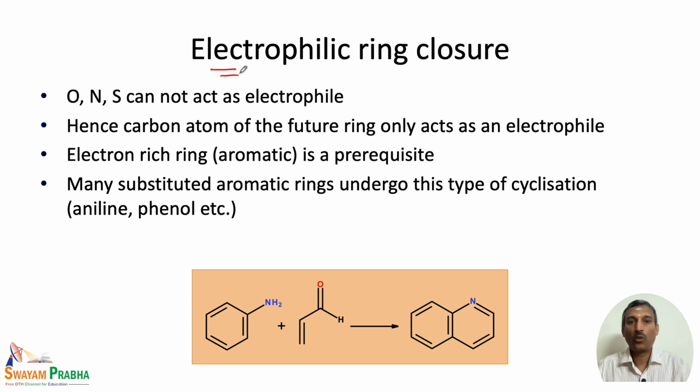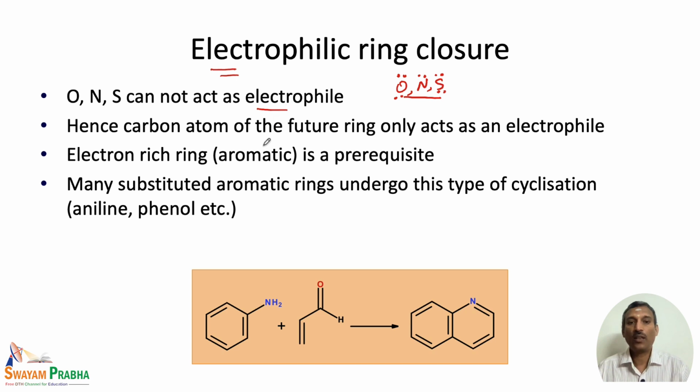So, let us look at the next type of cyclization reaction, that is electrophilic ring closure. Because we already know oxygen, nitrogen and sulfur are all nucleophiles because they have lone pairs of electrons, and that is the reason they generally cannot participate in the electrophilic ring closure reaction, because they cannot act as an electrophile.